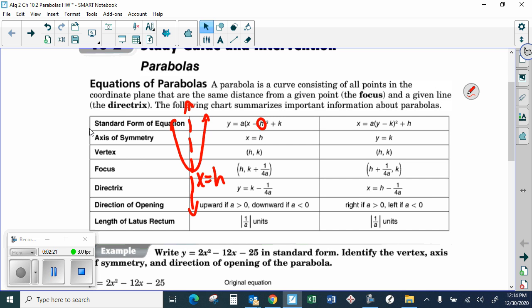That's why you see x equals h right there. So standard form of a quadratic is ax squared plus bx plus c. That's standard form. This is vertex form, both of these.